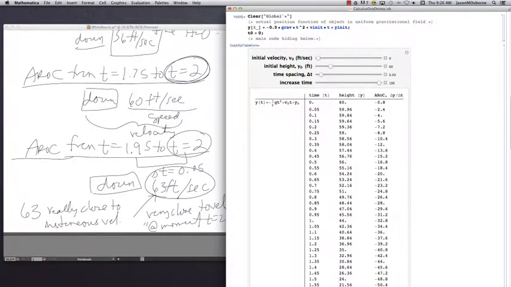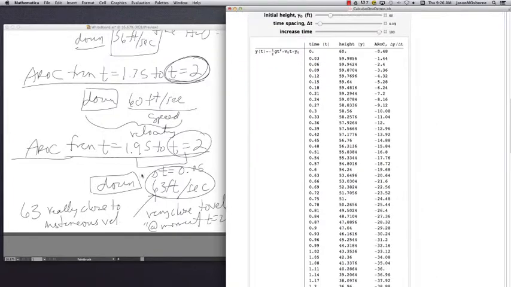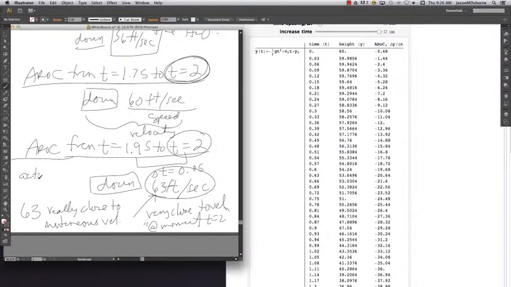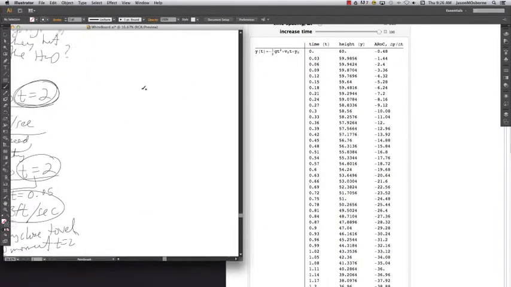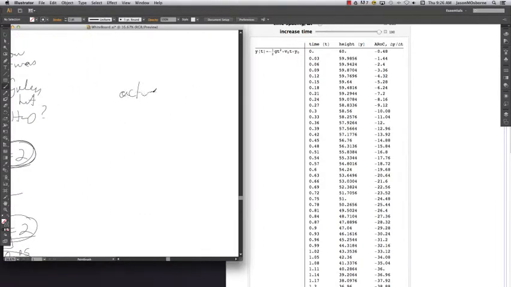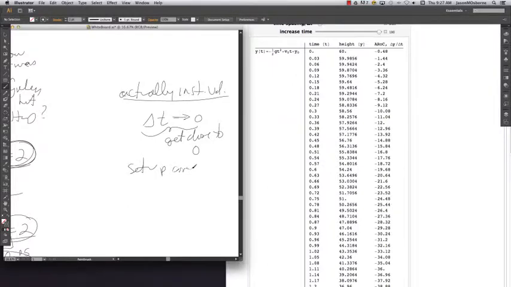The closer you get to delta t equal to 0, to actually get the instantaneous velocity, you need to use delta t equal to 0, or getting close to 0.